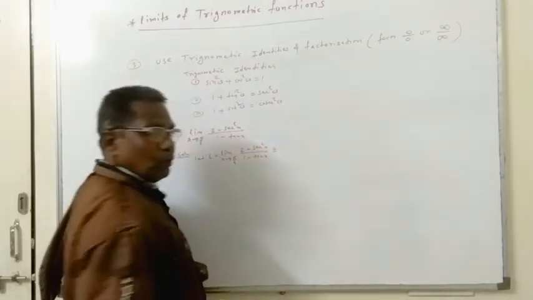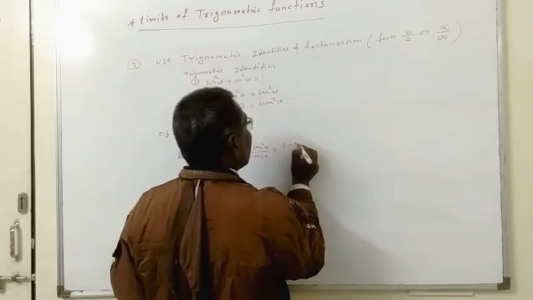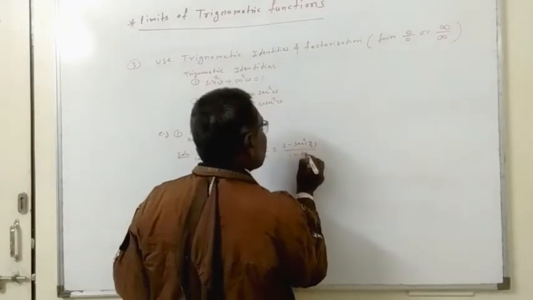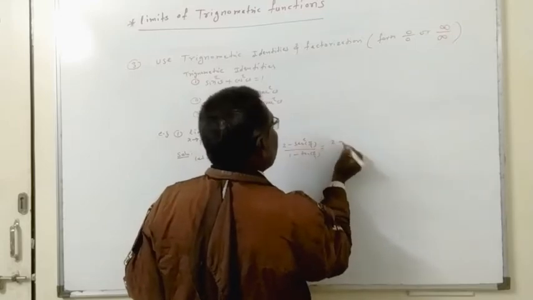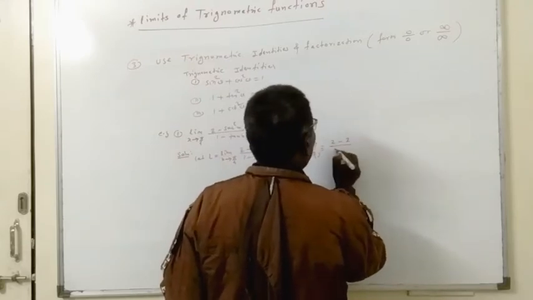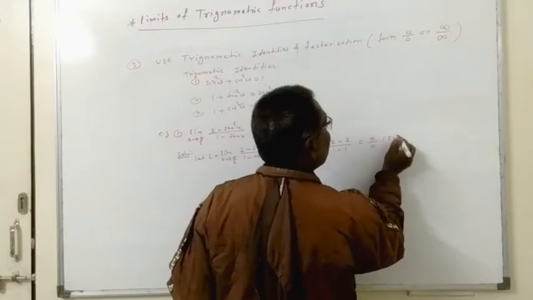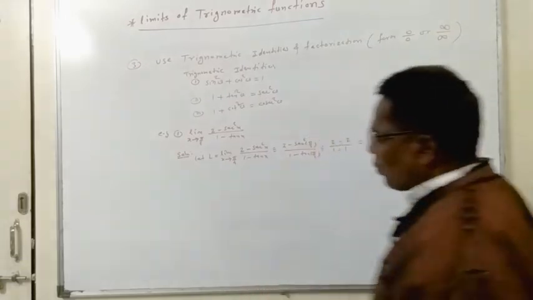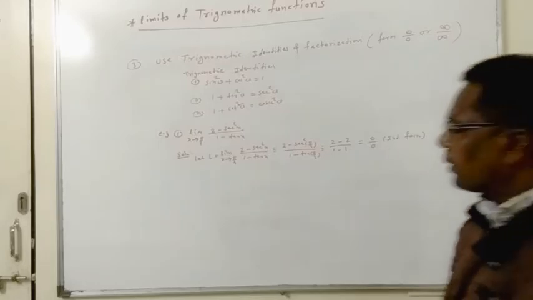Now by the direct method we check the form. If we put x equal to pi by 4, we get (2 minus sec square pi by 4) divided by (1 minus tan pi by 4). That is equal to 2 minus, now sec pi by 4 is root 2, so root 2 square is 2, and 1 minus tan pi by 4 is 0, so we get 0 upon 0, an indeterminate form. This means we are unable to find the value by the direct method.